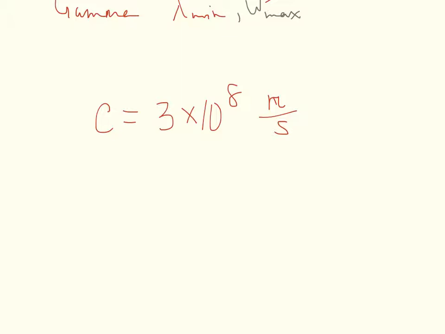Let's see. We talked about dispersion. What was dispersion? We talked about that real quickly at the end of the class. What was dispersion? Or what's an example of dispersion? Yeah, Kira.